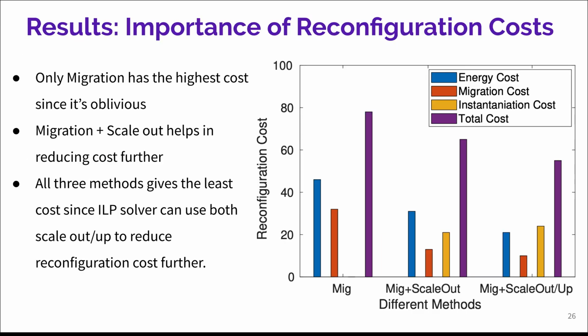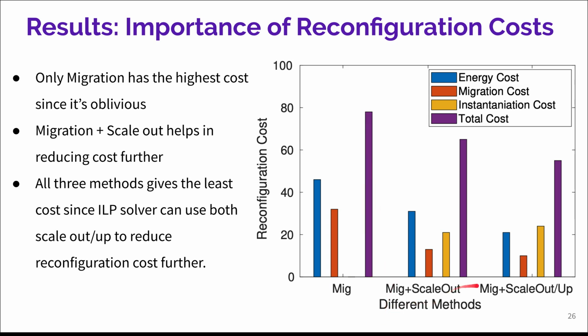At the end, we want to show the importance of the reconfiguration cost. In the x-axis, you will see that we have incrementally added different reconfiguration costs for the ILP solver. In the y-axis, you see the reconfiguration cost of each individual cost and the total cost that is shown in the purple bar. Initially, when the ILP solver is only aware about migration cost and oblivious of the other reconfiguration solutions, the total cost is the highest.